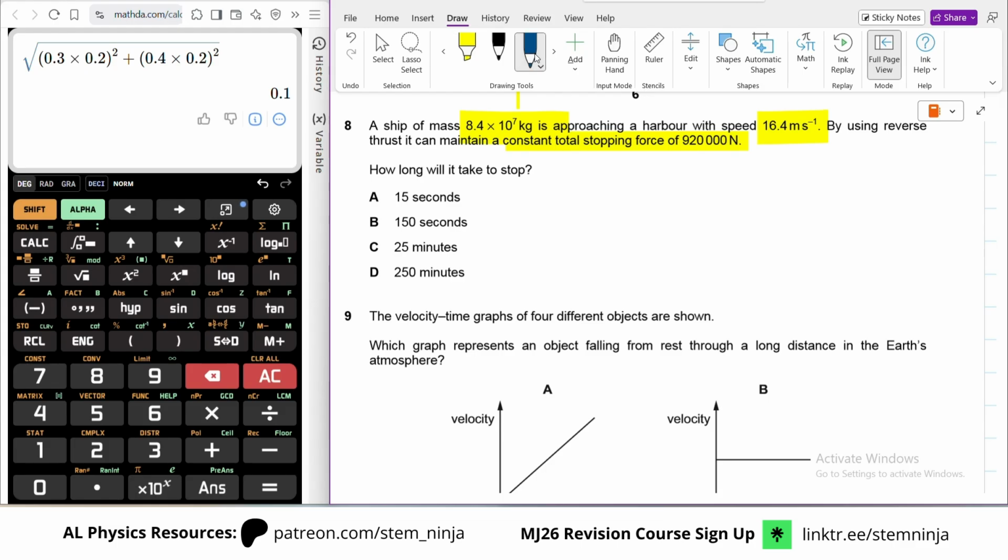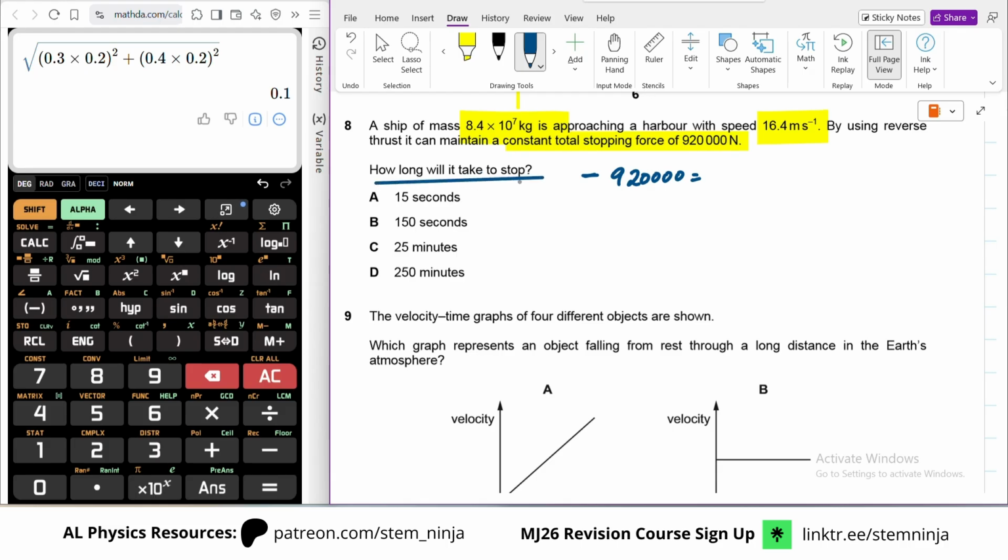So basically, it can maintain a constant total stopping force. So basically, like deceleration, right? So first we can find out the deceleration. So this is stopping force equals ma.